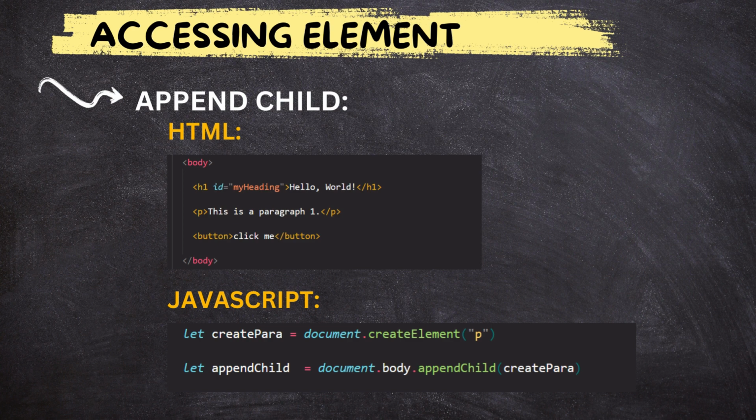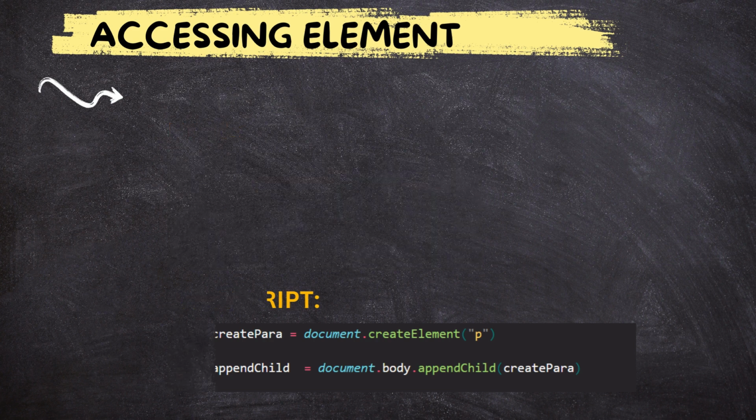Now we have node.appendChild. This method adds a new child node to the end of the list of children of the specified node. For example, if we want to add a new p element to the body element, we can use document.body.appendChild, and then in here we can write document.createElement("p"), which is the tag name of the paragraph element.